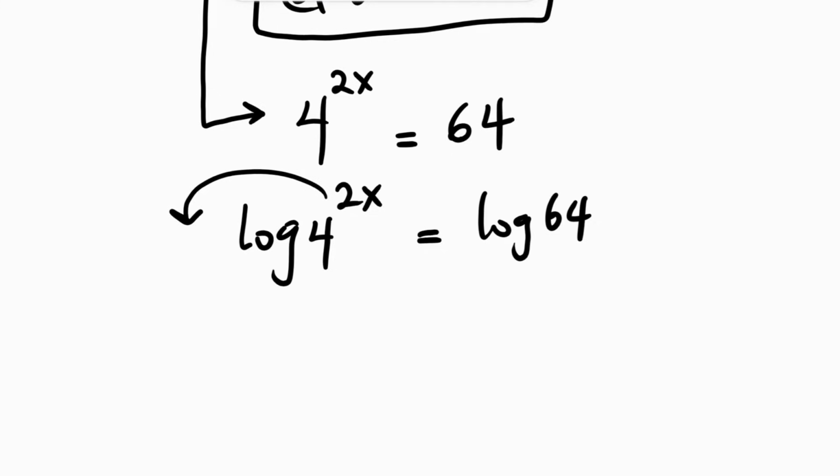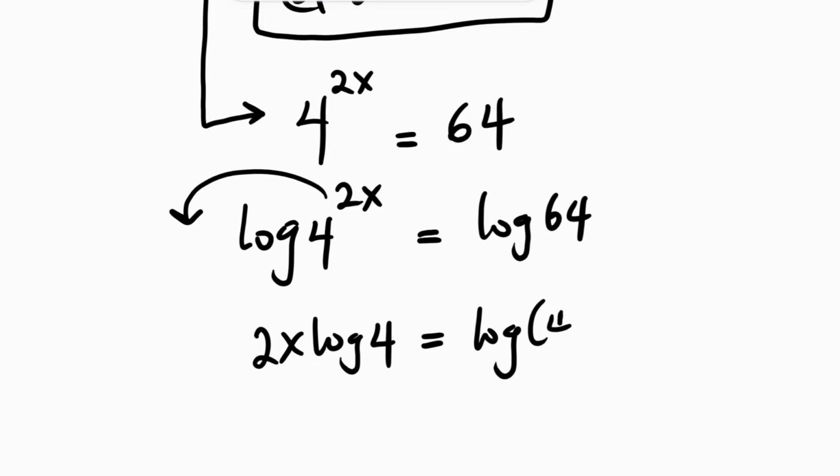So if this comes over there, we have 2x log 4 equals log of 64, and 64 is the same thing as 4 times 4 times 4.